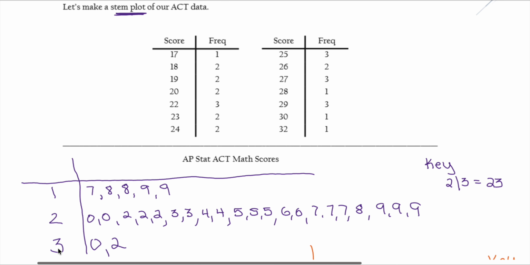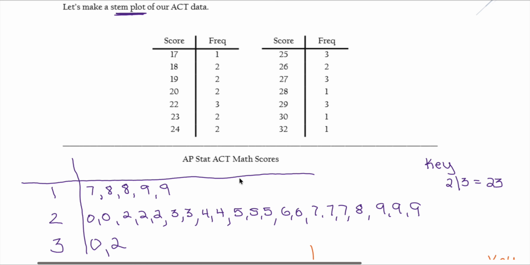After we put down the root numbers for each Stemplot digit, we put their corresponding leaves next to each root. So 1, slash, 7 means 17 here, and 1, slash, 8 is 18, and it goes on like that.